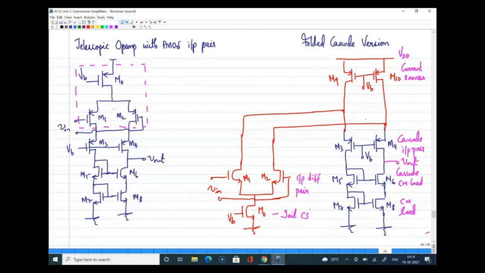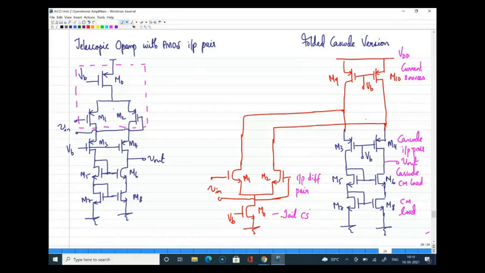Then the input becomes NMOS. That is the difference between the folded version and the regular cascode. If in the regular cascode you have PMOS, in the folded version the input pair will be NMOS. Yes, sir, got it.